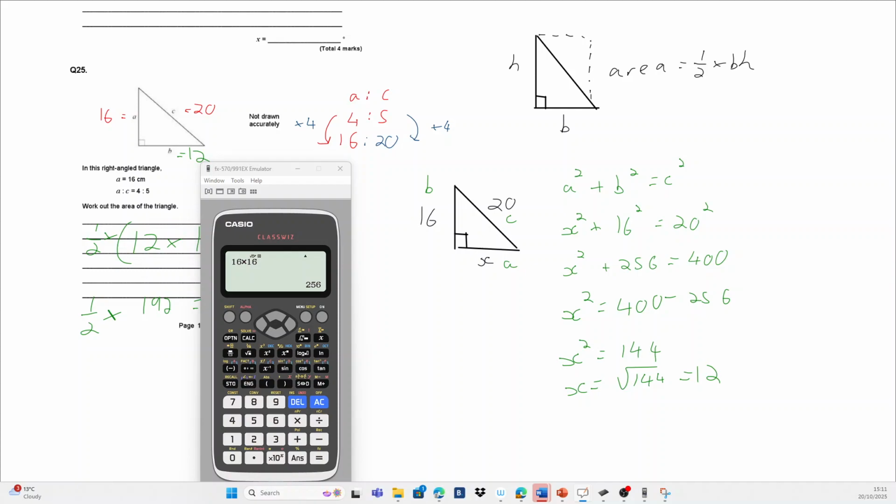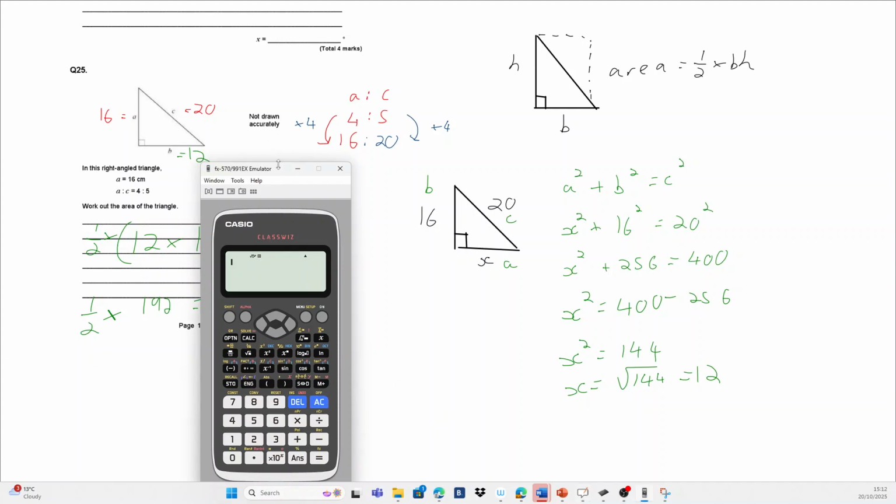So we've got that. 12. I mean, I can't see. Sorry, the way I've printed the mark scheme, it's a bit all over the place. So I'm just going to double check.